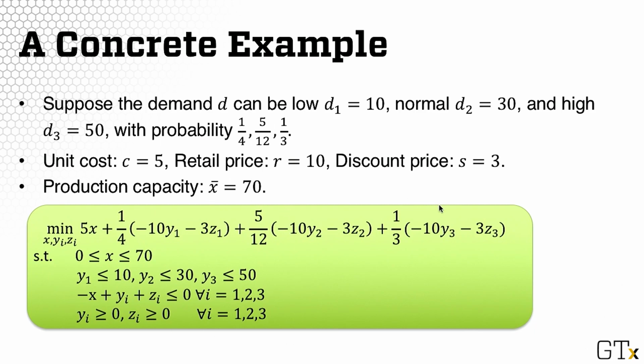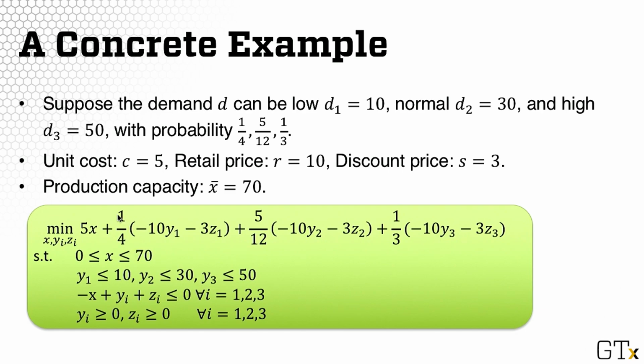So this is the two-stage problem with all these numbers. We have the first stage cost plus the expected future cost, and the expectation is taken over the probability distribution of the demand, which has 3 scenarios.